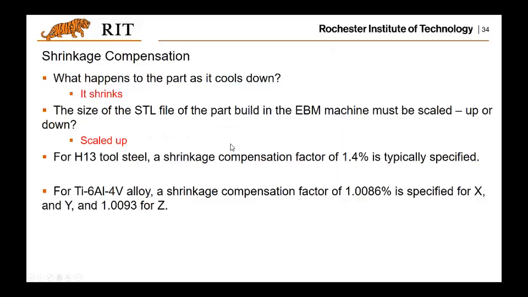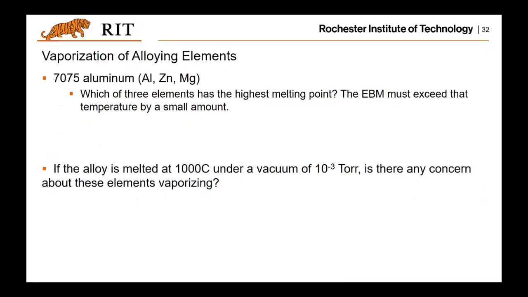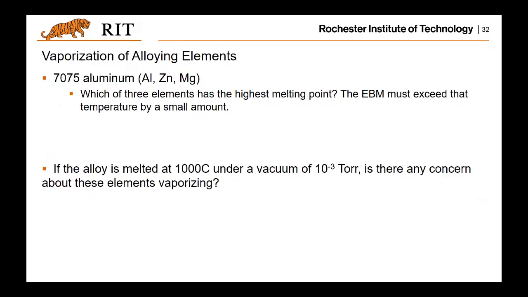So in the last lecture, we talked about some of the properties in metal additive printing. For example, we talked about the vaporization of the alloy elements used in metal additive manufacturing.